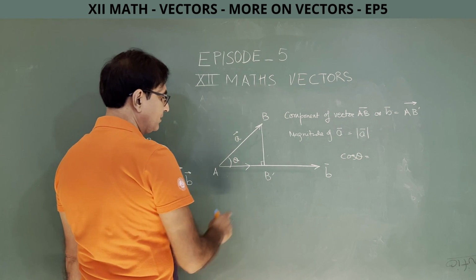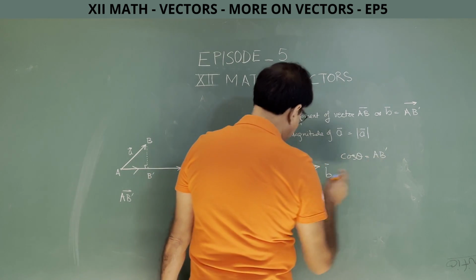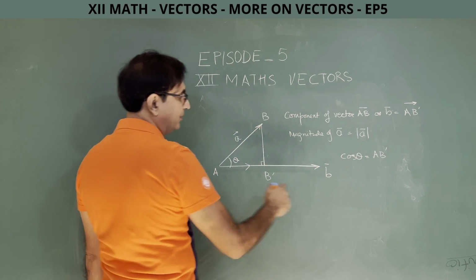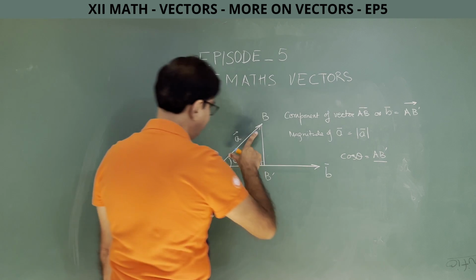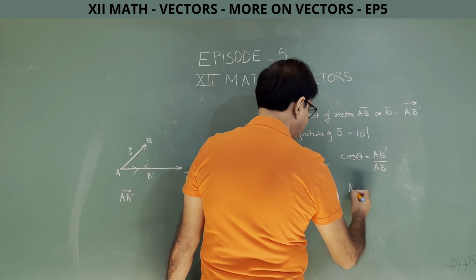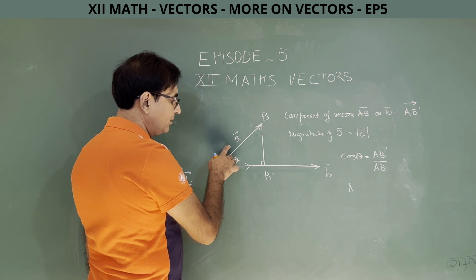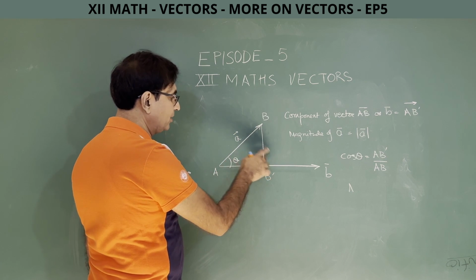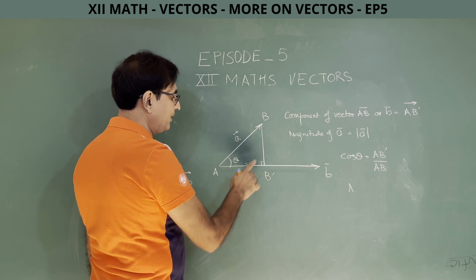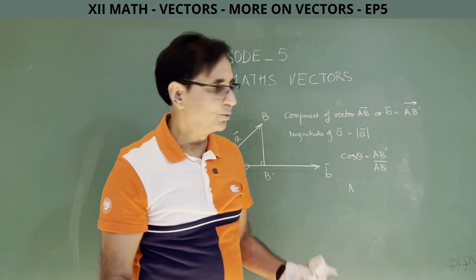Base upon hypotenuse. What is base? AB dash, the length of this line segment, divided by the length of this line AB, cross multiply. You know the formula, na? Cos theta is base upon hypotenuse, sin theta is perpendicular upon hypotenuse, tan theta is perpendicular upon base.